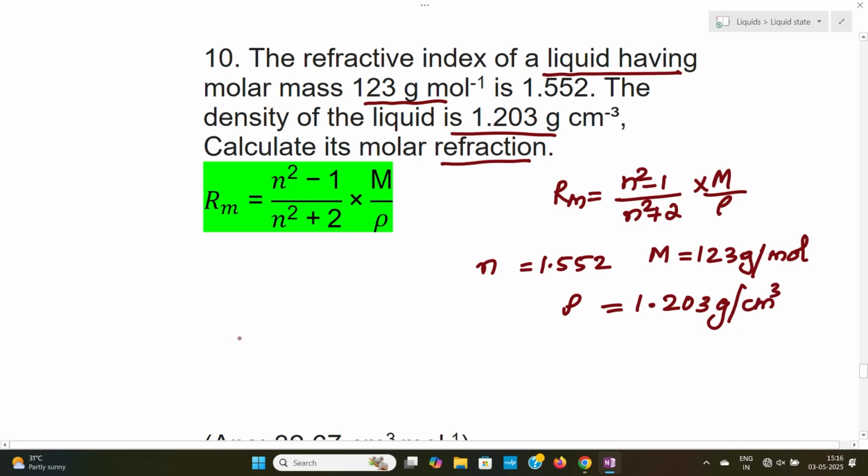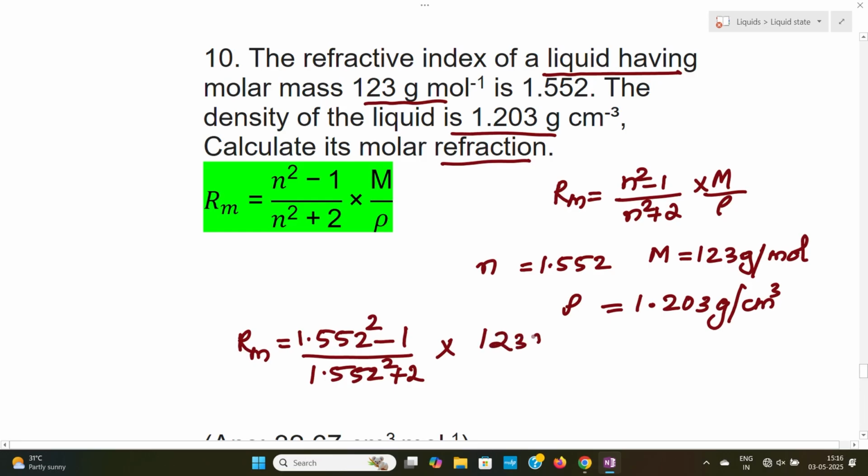So we have to substitute all these values here, that is 1.552 square minus 1 divided by 1.552 square plus 2 into mass 123 gram per mole divided by 1.203.